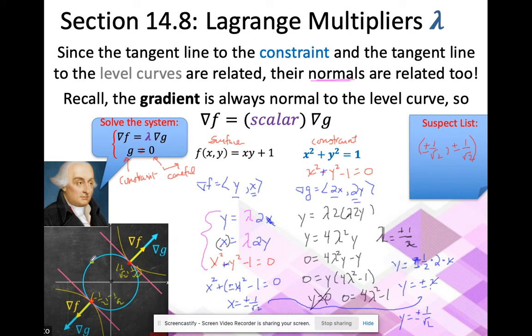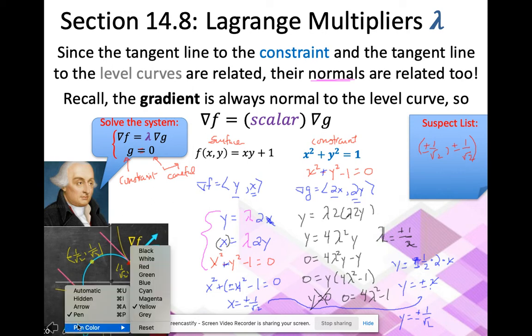And the other points that I didn't capture on this drawing, those were my 4 suspects. How do I know who's my maxes and who's my mins? I plug back in to the original.